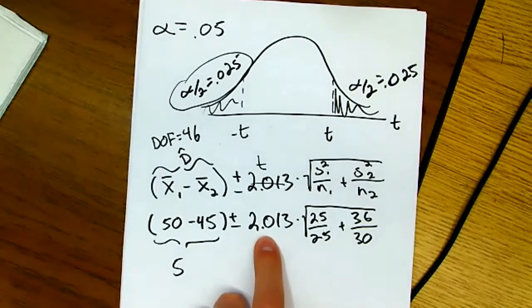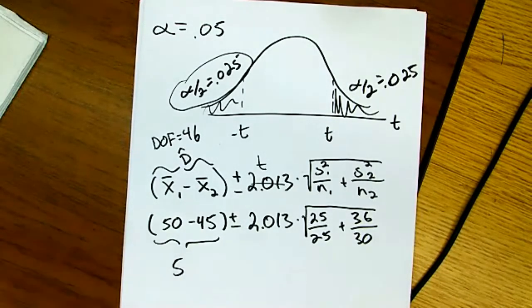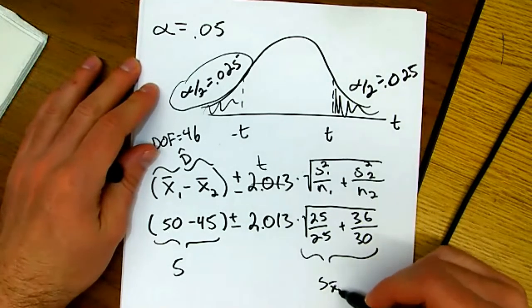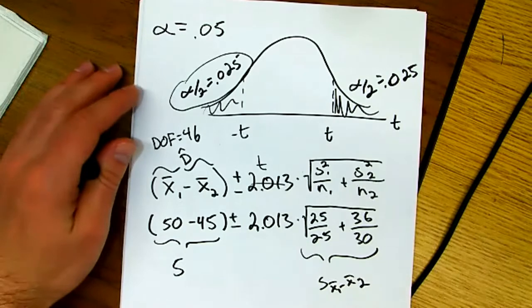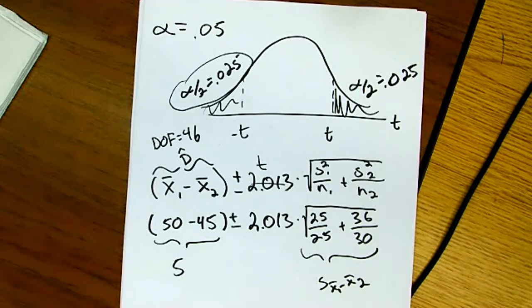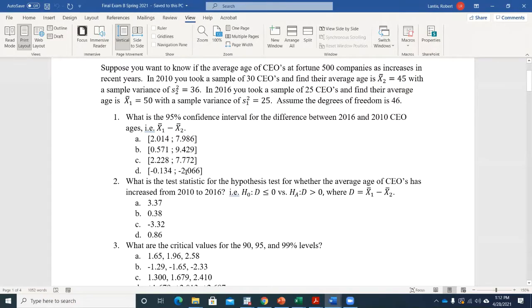I'm going to go 2.013 standard deviations to the left and to the right. Remember, this represents the standard deviation between our sample means. So if my confidence interval is centered around 5, I can rule D out right away, because 5 is not even in that confidence interval.